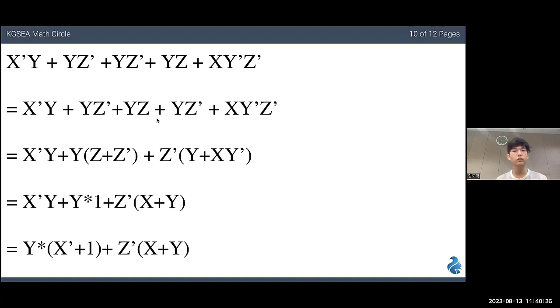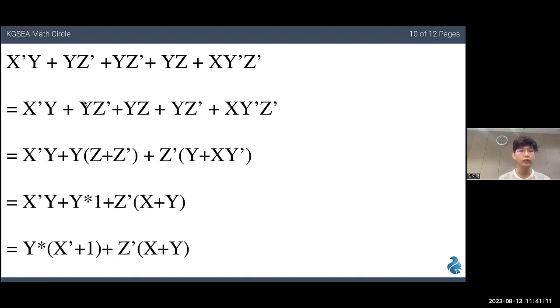So the solution to the practice problem was: using the idempotent law on Y and not Z to create (not X and Y) or (Y and not Z) twice, and (Y and Z) and (X and not Y and not Z).